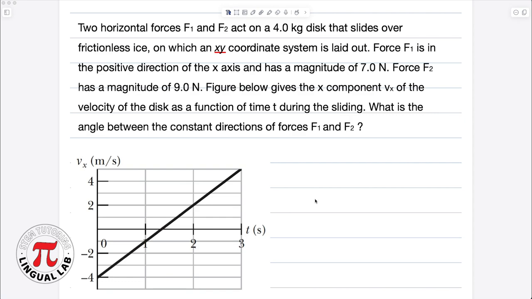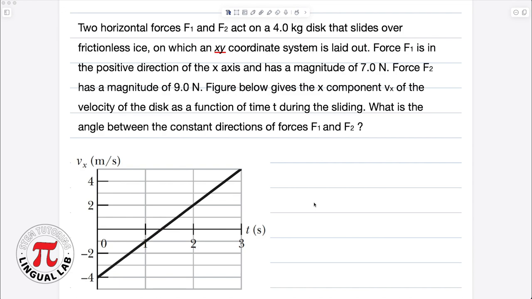Today we're going to look at this question. Two horizontal forces F1 and F2 act on a 4 kilogram disc that slides over frictionless ice, on which an XY coordinate system is laid out. Force F1 is in the positive direction of the x-axis and has a magnitude of 7.0 Newton.